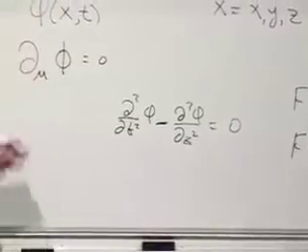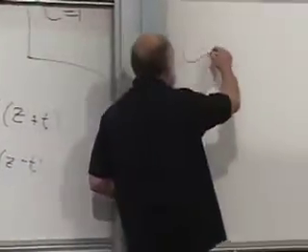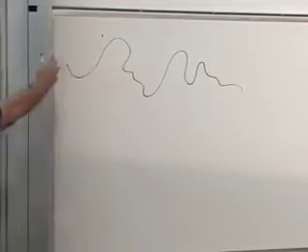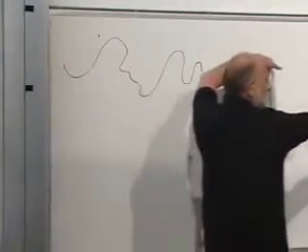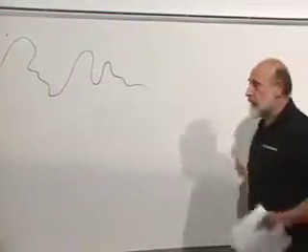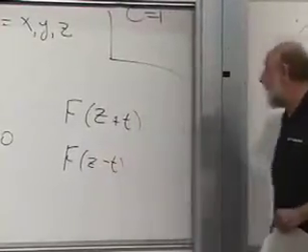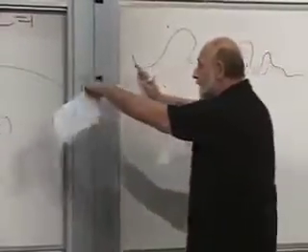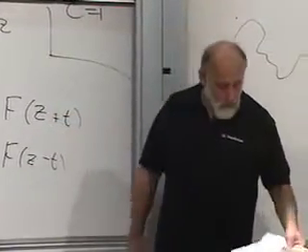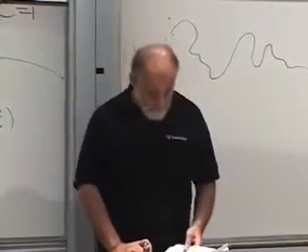What function? Any function. Take any shaped wave profile at all and allow it to just move uniformly along the z direction. That constitutes a wave moving along the positive z direction, a function of z minus t. If the wave moves in the other direction, then it's the same function of z plus t. So those are the basic facts that we learned last time about waves.